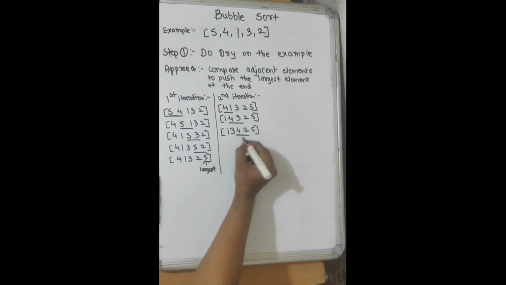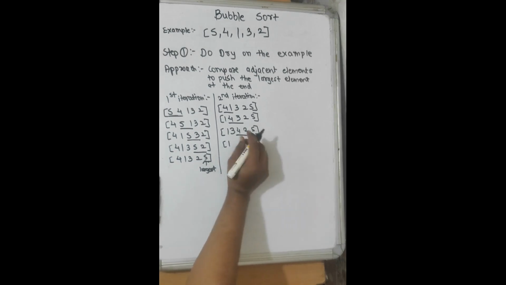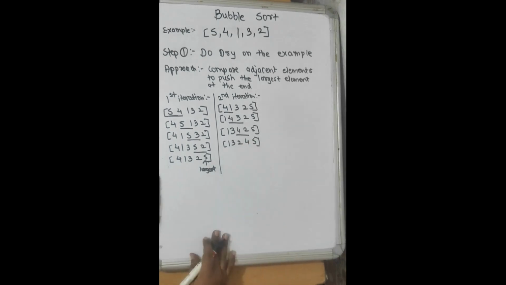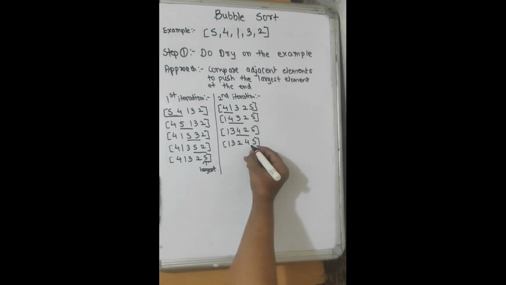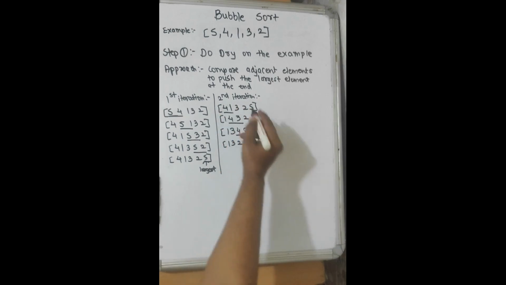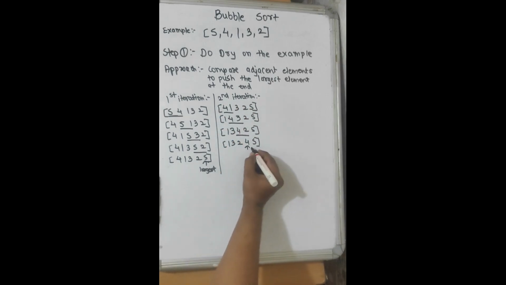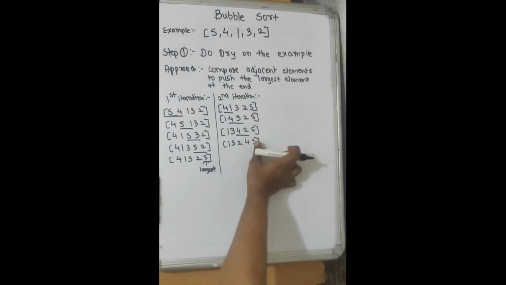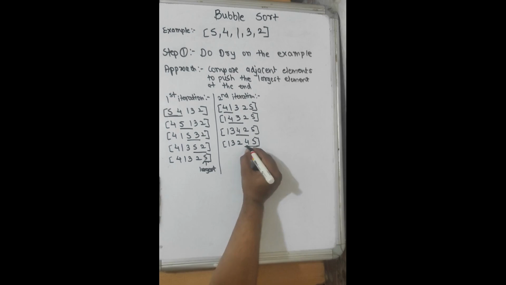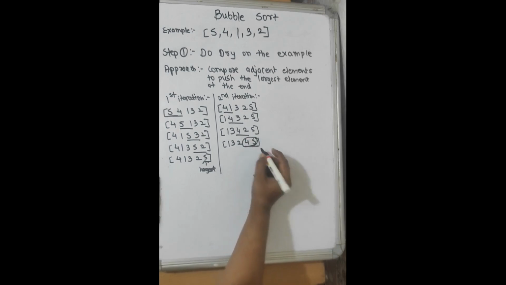Compare here, 2 is smaller, so we will swap these elements. Now we can see that 4 has come to the last, which was the largest here. So these two have come here at the last. These two are sorted.